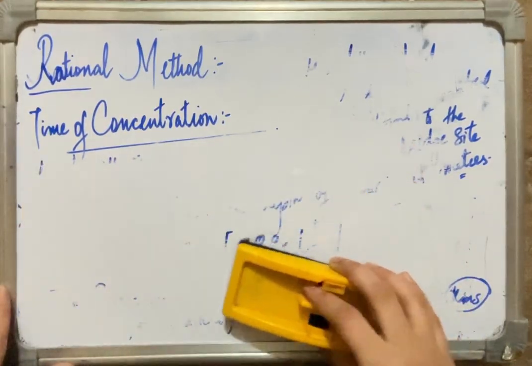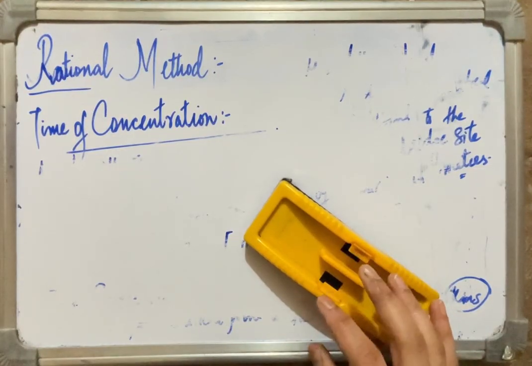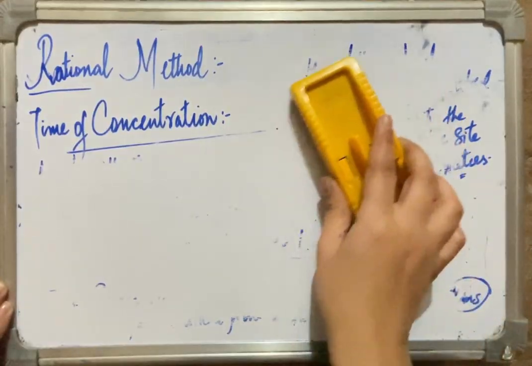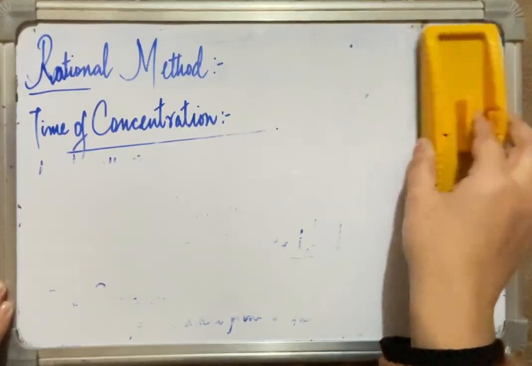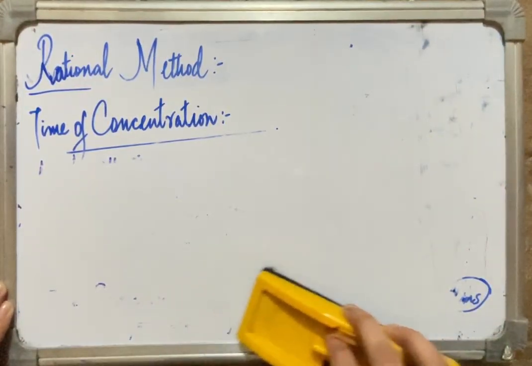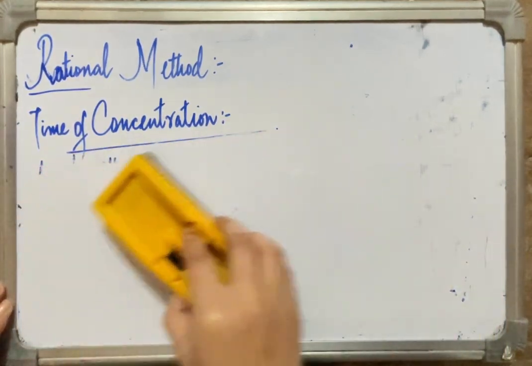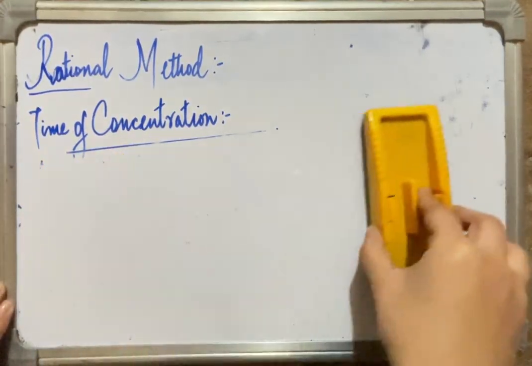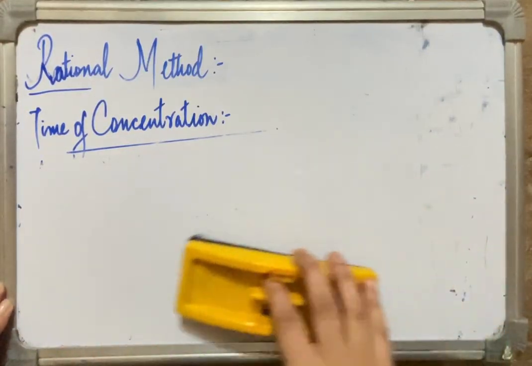Or alternatively, the time required for a parcel of water to travel from the farthest point, or the critical point, of the divide to the catchment outlet. We'll be studying some more formulae to determine time of concentration of certain catchments and watersheds.